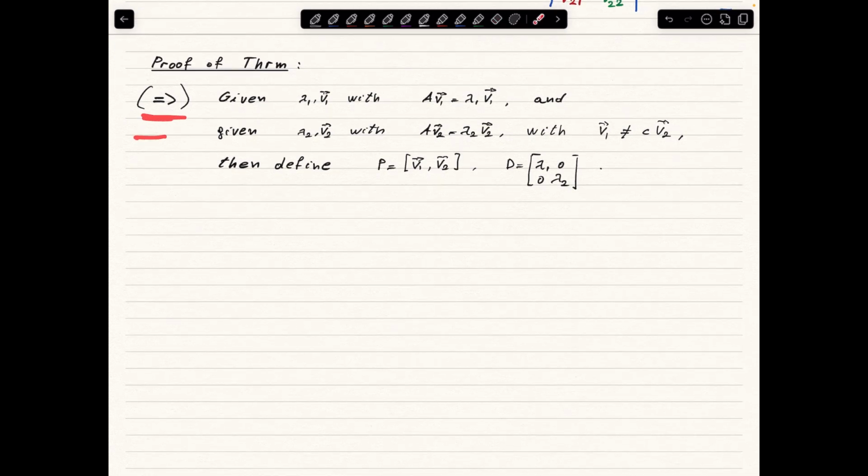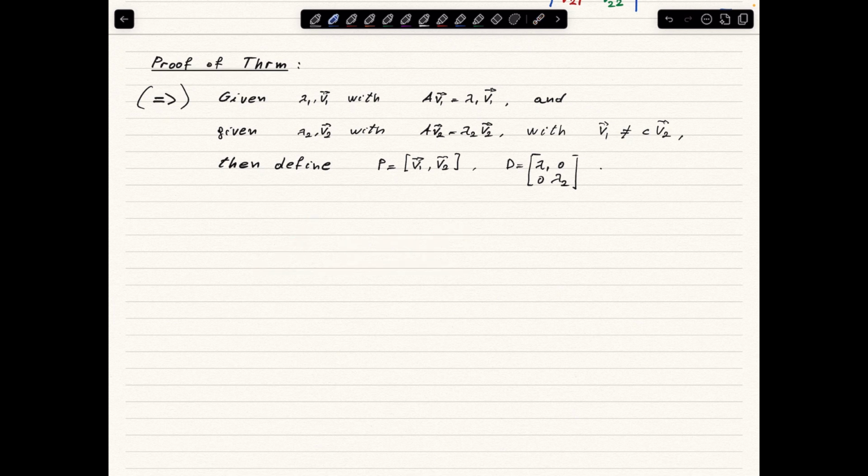In this way, given the eigenvectors, so lambda 1 and V1 satisfying this equation and lambda 2 and V2 satisfying that equation, and recall these vectors are not proportional to each other, then in that case define these two matrices, and now we need to show that P D P inverse is actually A. We need to show that.